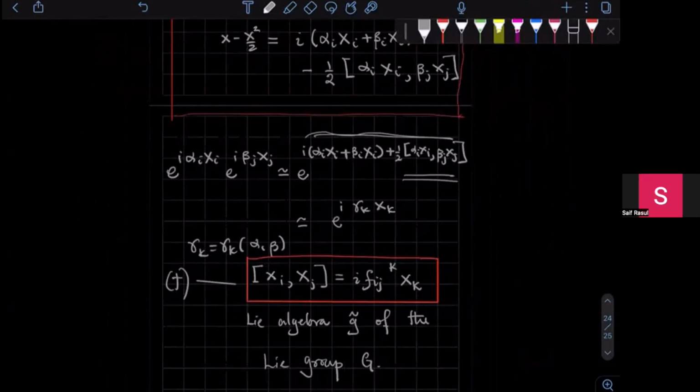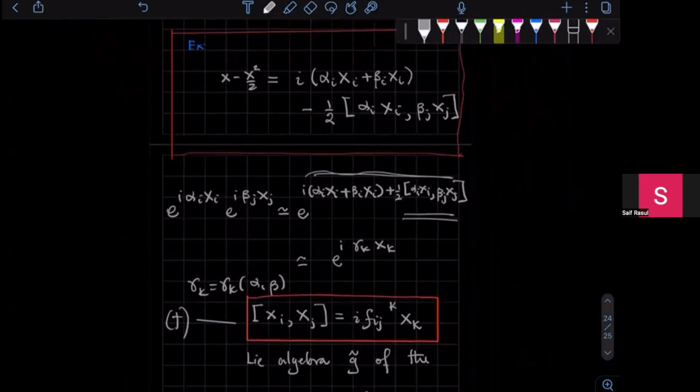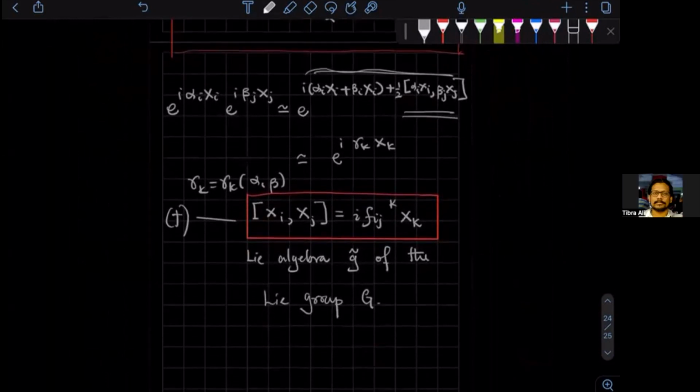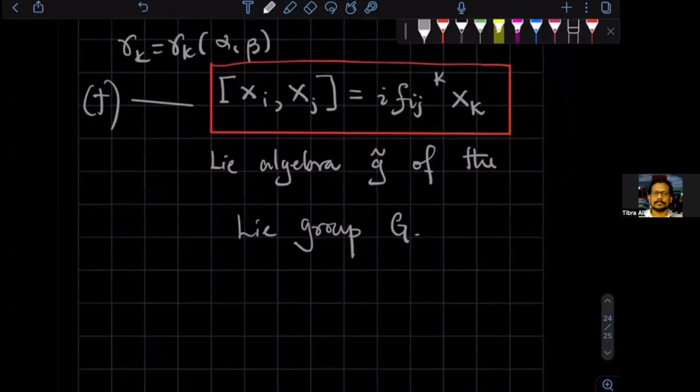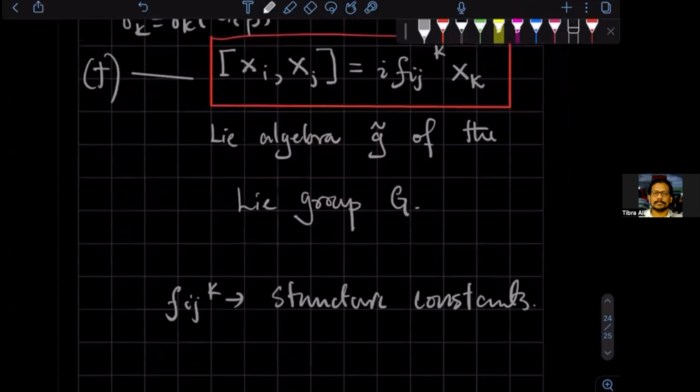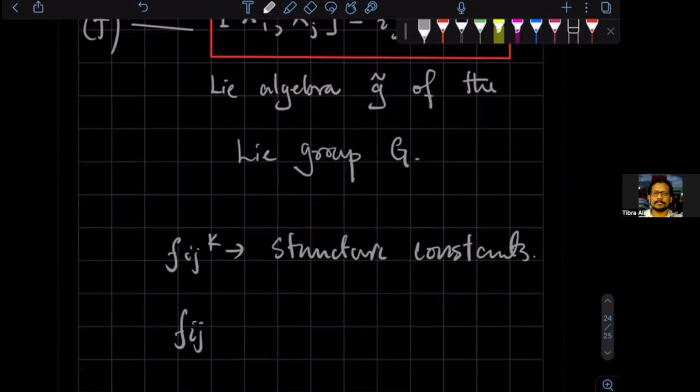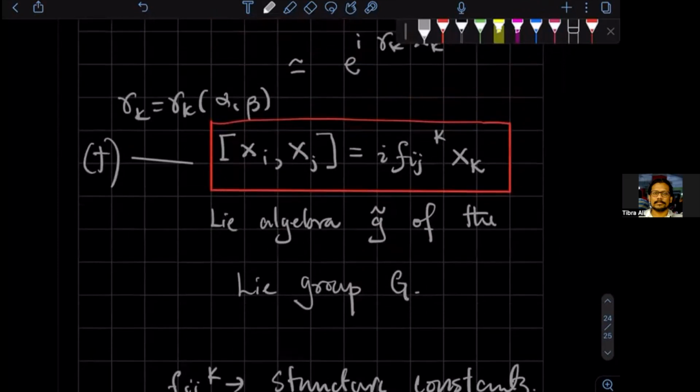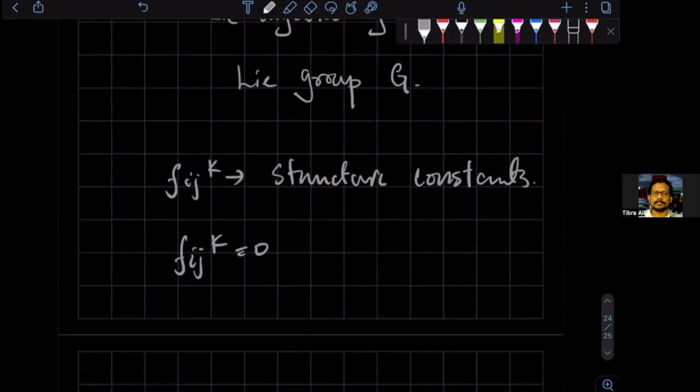Sir, what is F? What is F? Where? F_ijk in the red box, yeah. These are linear. They are called, so f of ijk, they are known as structure constants. For example, if all the f_ijk's are 0, then we have an abelian group, right?